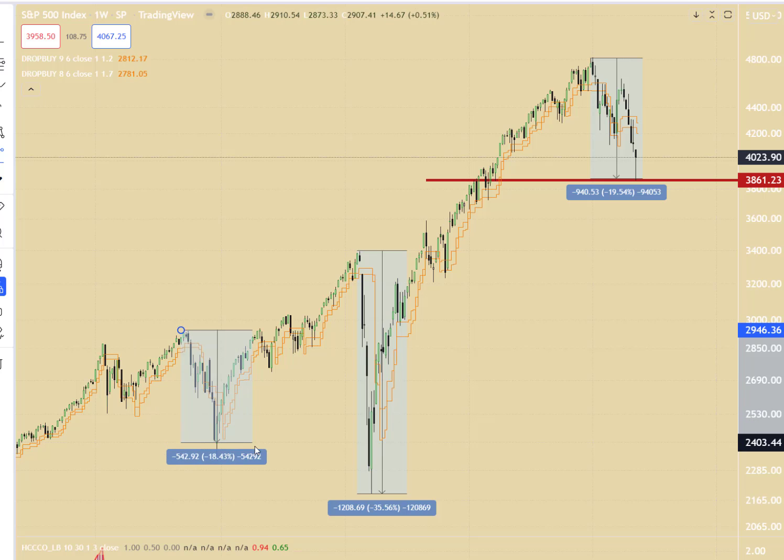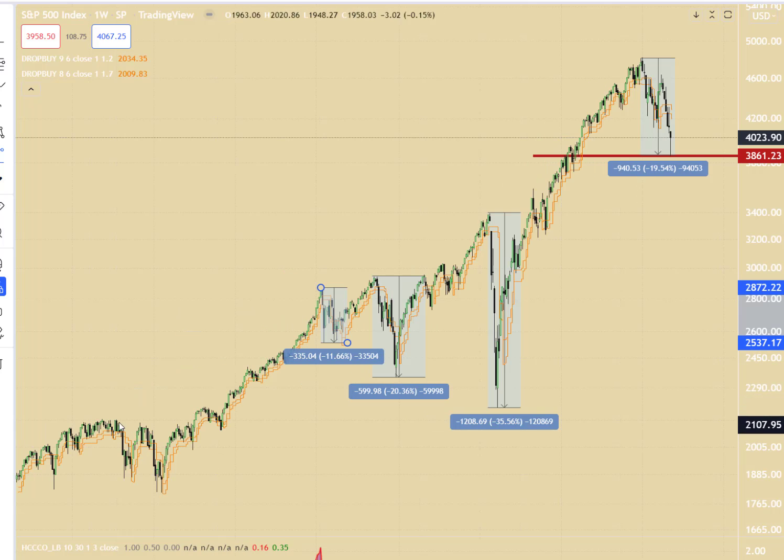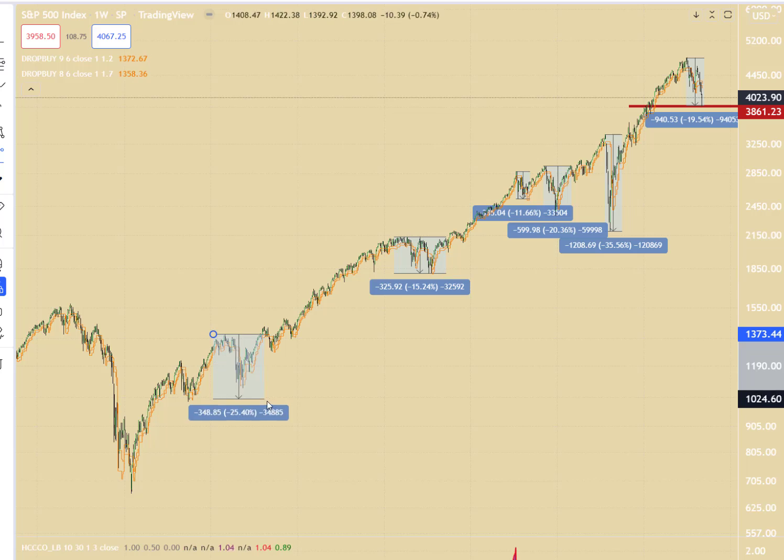Here's one, and this is just an average. Obviously it's random, so it doesn't have to be perfect. 20%. Okay, here's one, that's 12%. And we got one here, 15%. Going back, 20%.